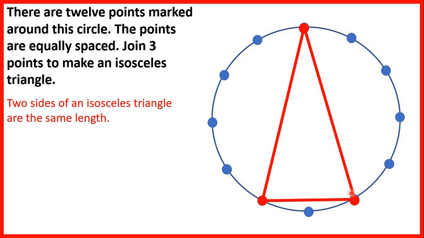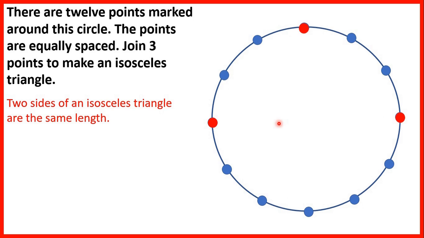That way, when we connect our points, we can see that this line is the same length as this line here. And we know that because we have 1, 2, 3, 4 points in between on this side, and 1, 2, 3, 4 points in between on this side as well.